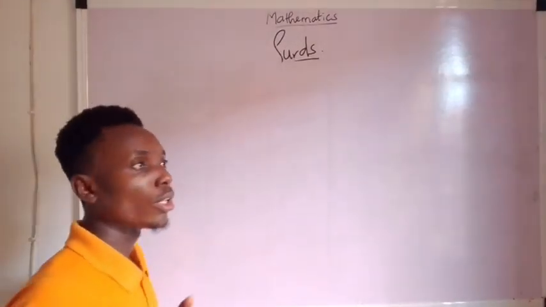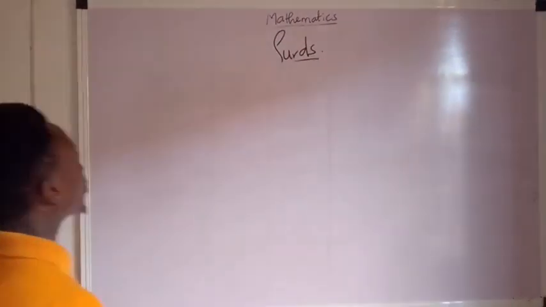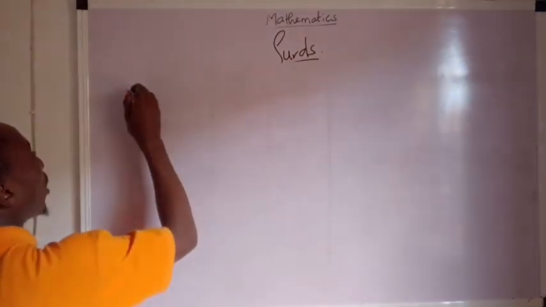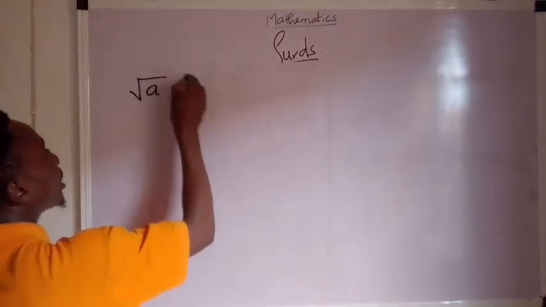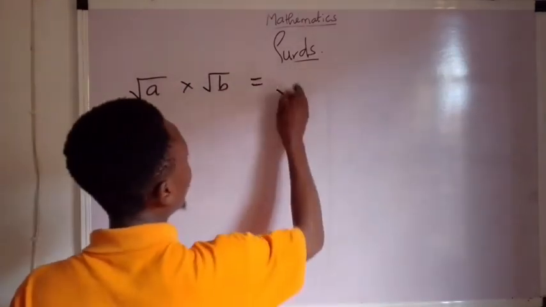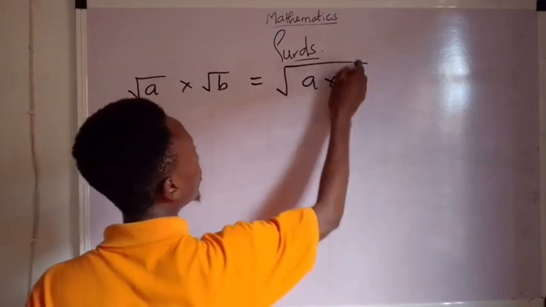Before I go into breaking down surds, let's deal with the multiplication and division of surds. Now, when you have root A, so that is surd A, times surd B here, it actually equals what? This.